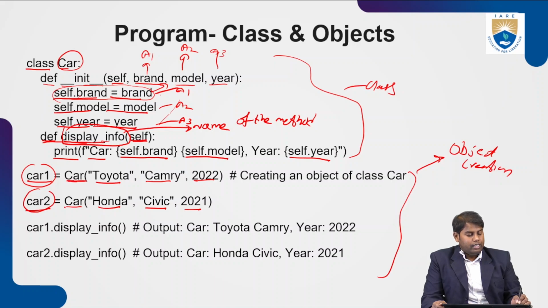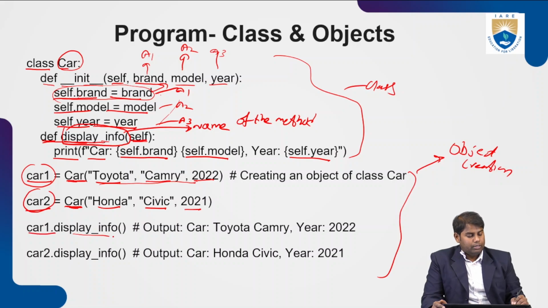The key thing is the name of the class, with which we are sending values to the constructor. In the constructor we have 3 attributes, and here also we have 3 attributes. These are the input values for object 1, and these are the input values for object 2 creation. When we have created that, we have 2 outputs.